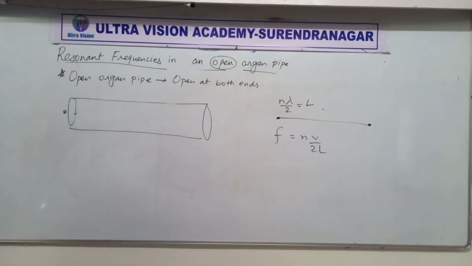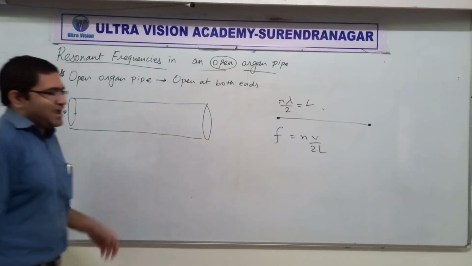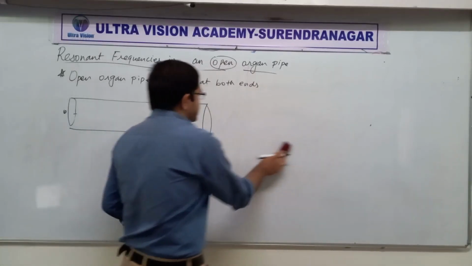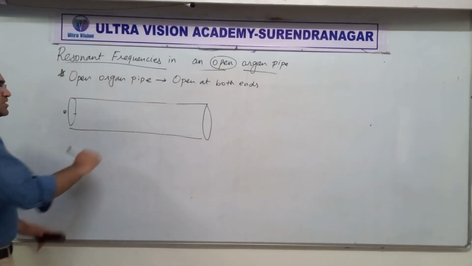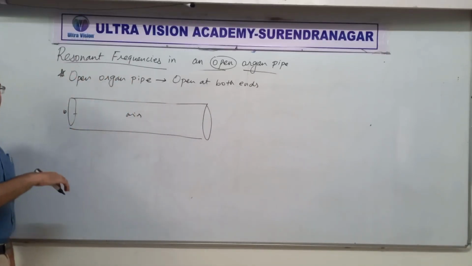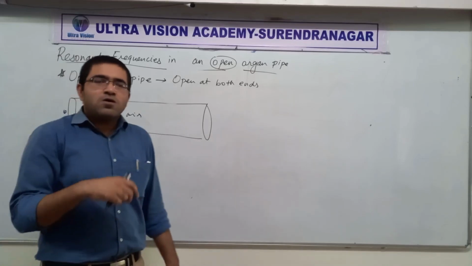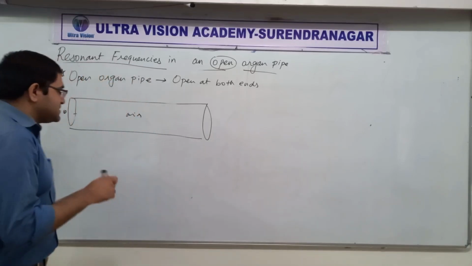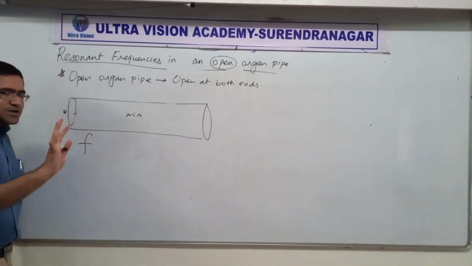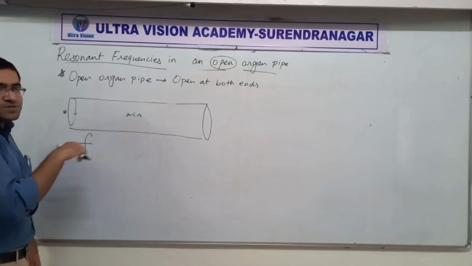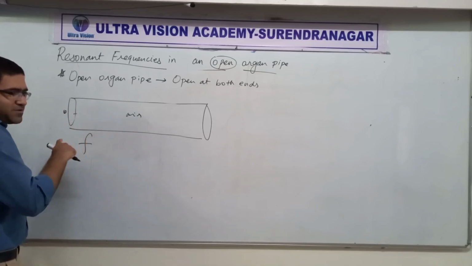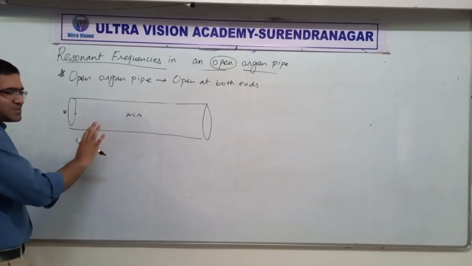So just like that, over here in this pipe also, all kinds of frequencies of sound do not generate standing waves of sound. I repeat, all kinds of frequencies of sound do not generate standing waves.